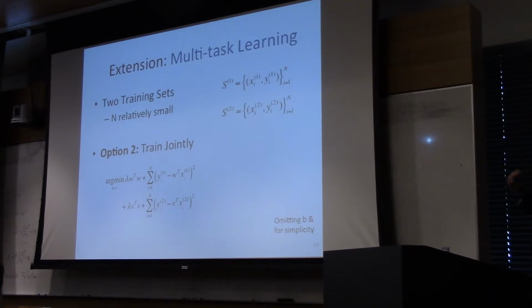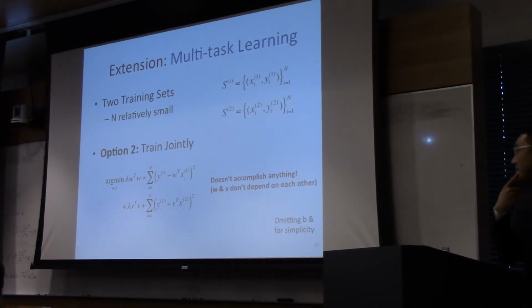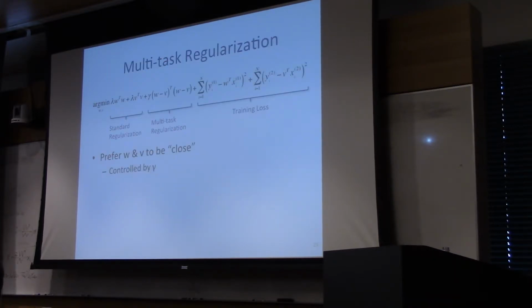Sorry, I jumped ahead of myself. Option two is to train jointly. We're going to train a spam filter for Alice and a spam filter for Bob. Of course, this objective function doesn't accomplish anything because these two objective functions completely decompose additively, so you could solve them separately. You get the exact same solutions as if you had solved them separately.